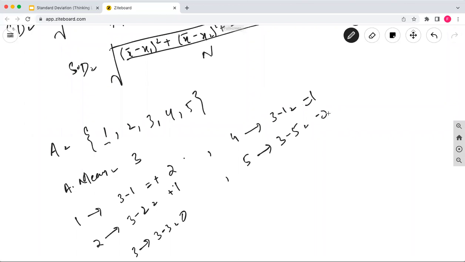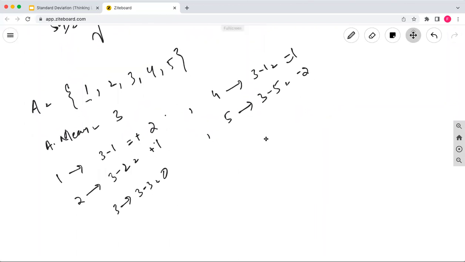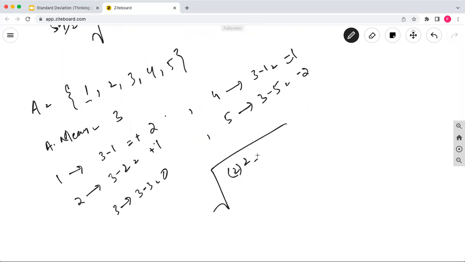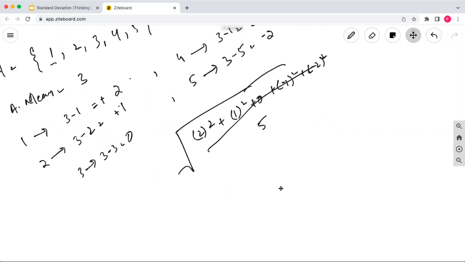So if you see the formula, now the formula will be 2 square plus 1 square plus 0 plus -1 square plus -2 square, divided by the total number of elements, which is 5. And this came out to be 10 by 5, which is under root 2, right?